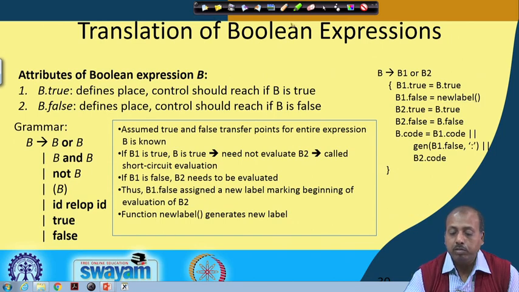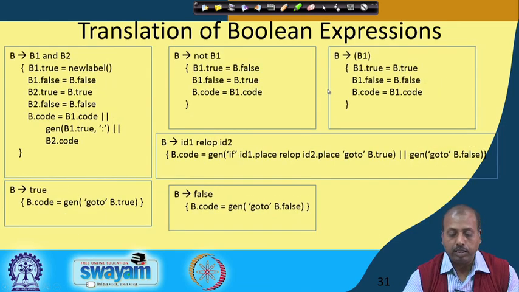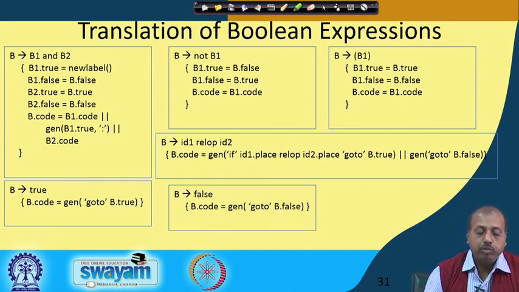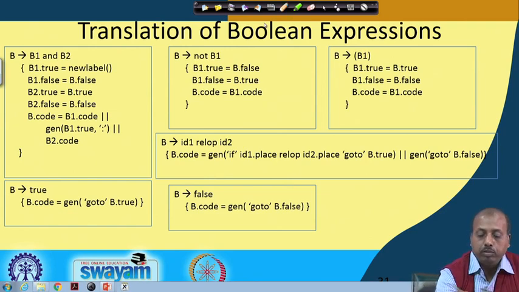So, we will look into the other grammar rules for generating the code for other Boolean expressions, rules like B equals B1 and B2. In that case, if B1 is true, then I have to evaluate B2 also, but if B1 is false, then it is a short circuit. So, B1.false is made equal to B.false, and B1.true is a new label.